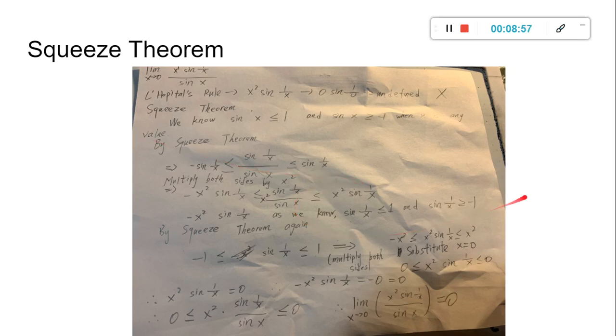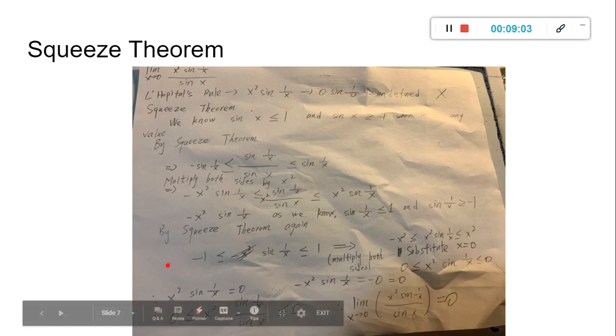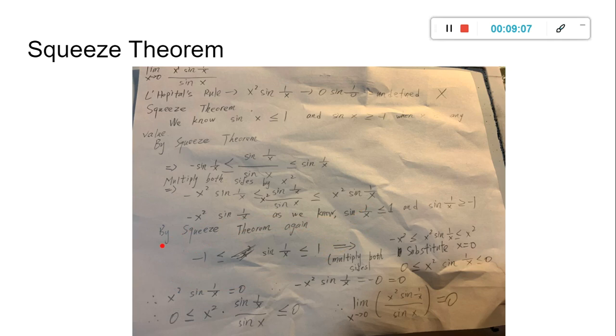So we apply another squeeze theorem again, right? This is a common fact. But we want to get this and this, right? So let's try both, since it has negative and it has positive.